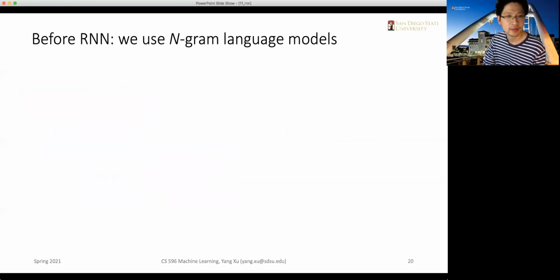All right. So before that, let's look at this Ngram language model.